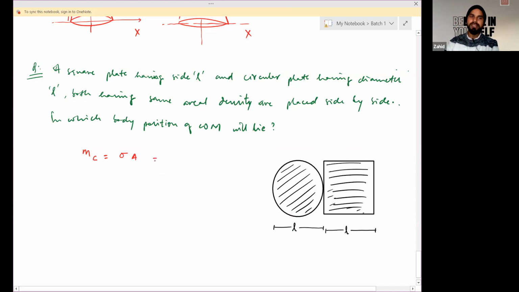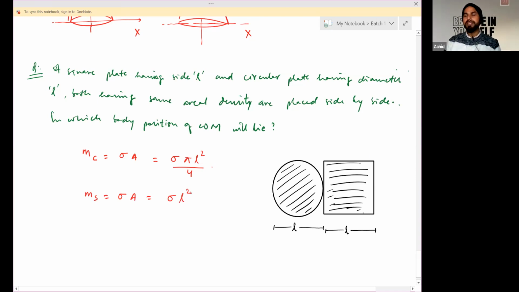The area of a circle is pi r square, so you'll get sigma pi L square by 4. Is it clear? Similarly, for the square plate, mass is sigma times area, and the area of a square is side square, so it is sigma times L square.